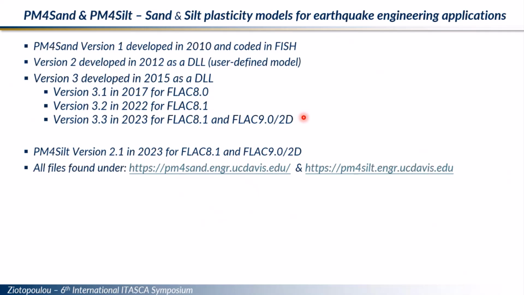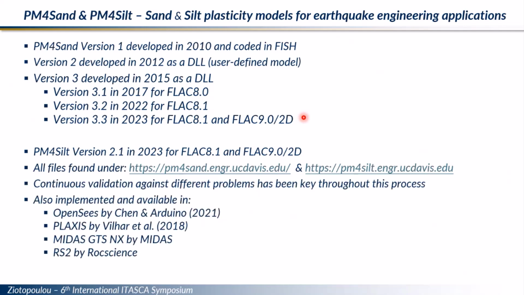In parallel, in 2018, we started with PM4Silt, which now exists in version 2.1. All the gory details, papers, and equations you can find on our website, and I can share anything you want after this talk.